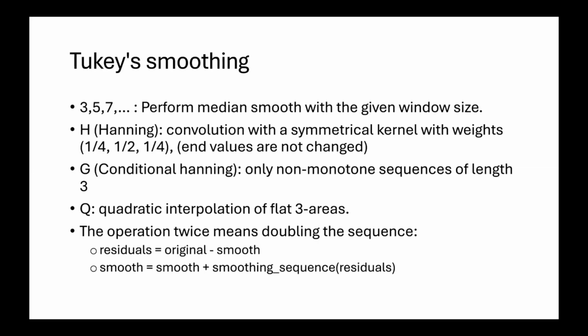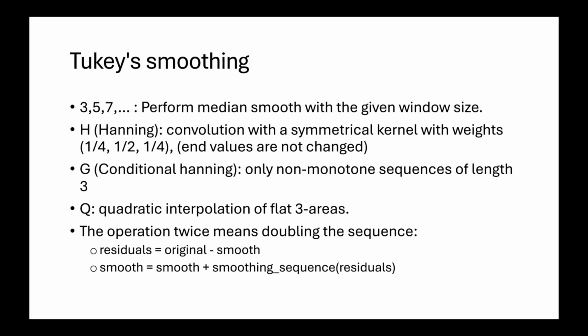If we have a number, we apply a moving median to our data. If we have letters, we apply Hanning, quadratic interpolations, and so on.